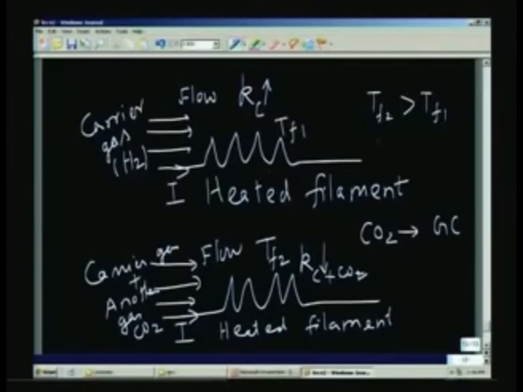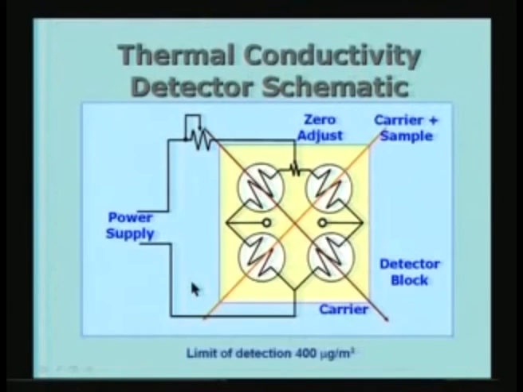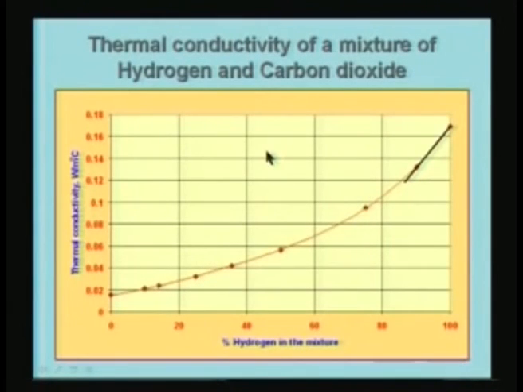Let us look at how it is going to come out. So, let us look at the thermal conductivity of a mixture of hydrogen and carbon dioxide, just a schematic. So, if I put percent of hydrogen in the mixture as the x axis and the thermal conductivity in watts per meter degree Celsius, you see, if the percentage of hydrogen is 0, that means all CO2, the value is around here, 0.015, something like that.